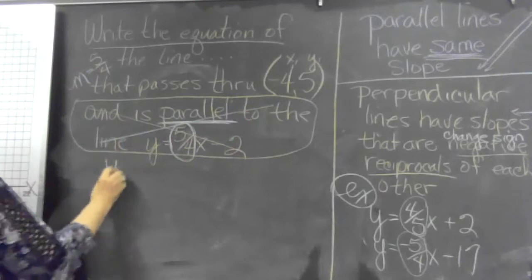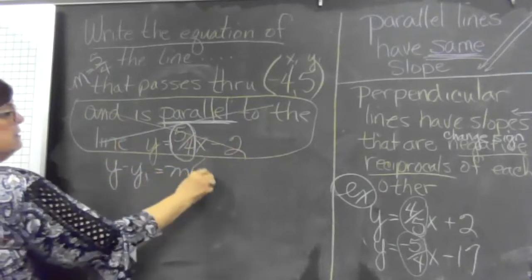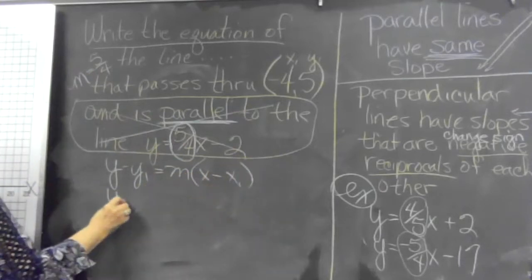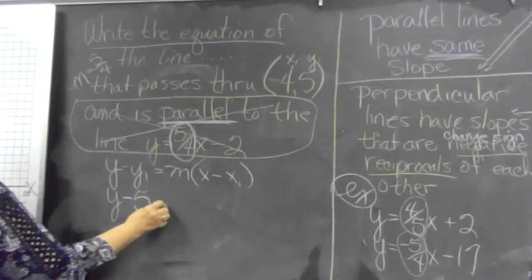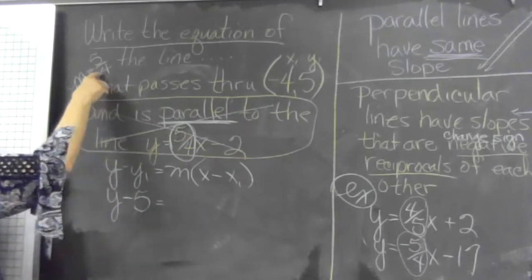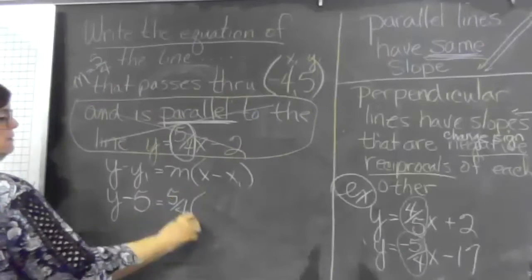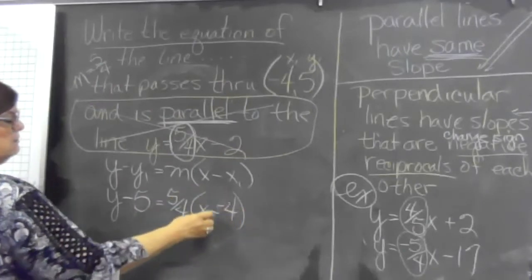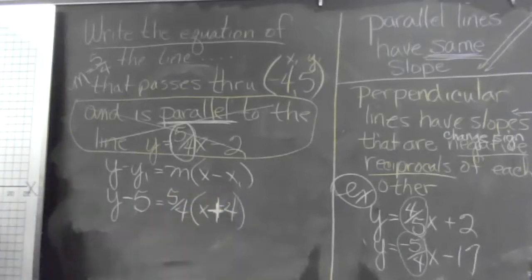Now I'm going to do my y minus y1 equals slope times x minus x1. Y minus y1 is 5 equals what slope? 5/4. X minus a -4, which makes a plus. Two negatives makes a plus. So far, so good?